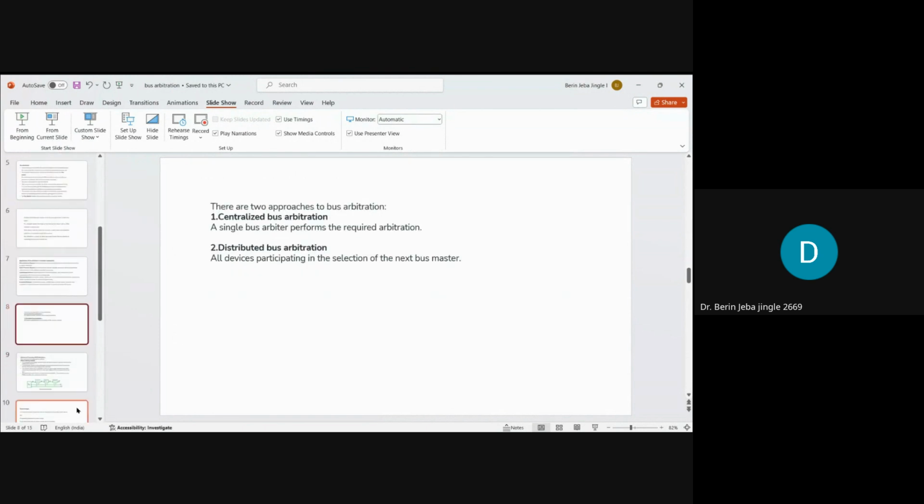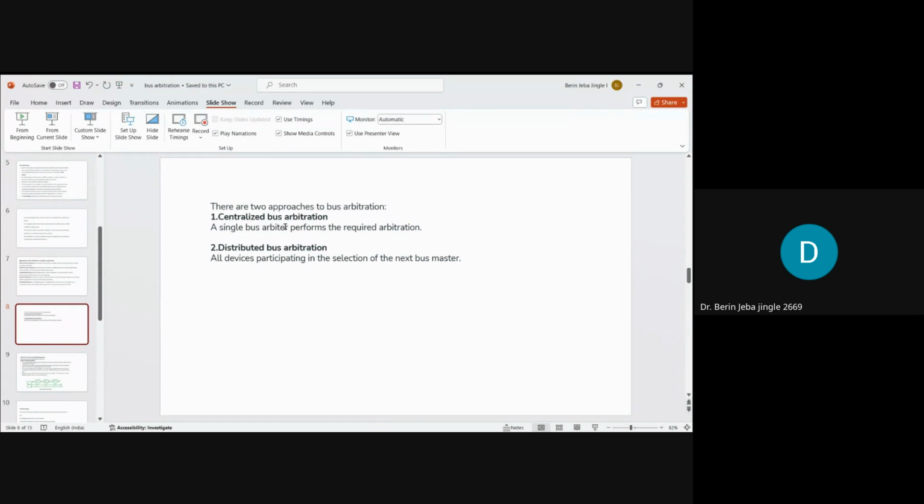Okay. So next we are going to study bus arbitration. Bus arbitration has three methods: centralized, decentralized, then distributed. Here two approaches are there in bus arbitration: centralized bus arbitration and distributed bus arbitration. Centralization means a single bus master takes the decision and manages the system bus.